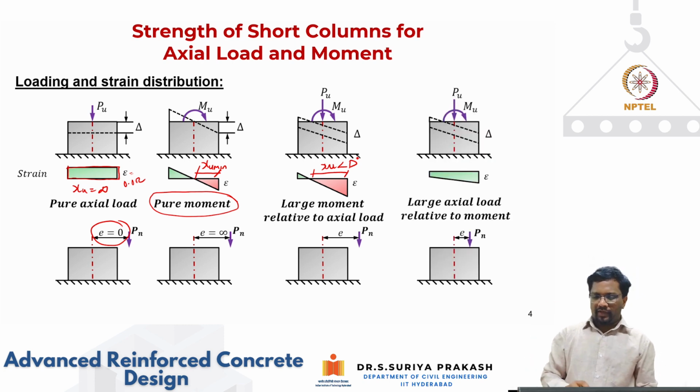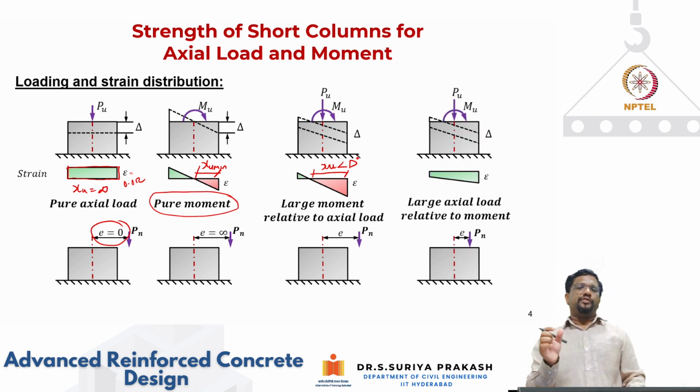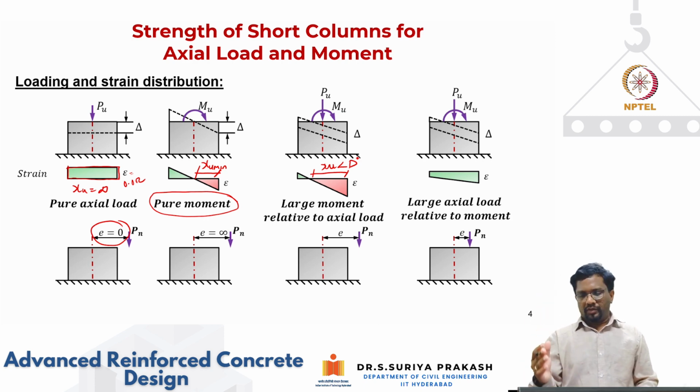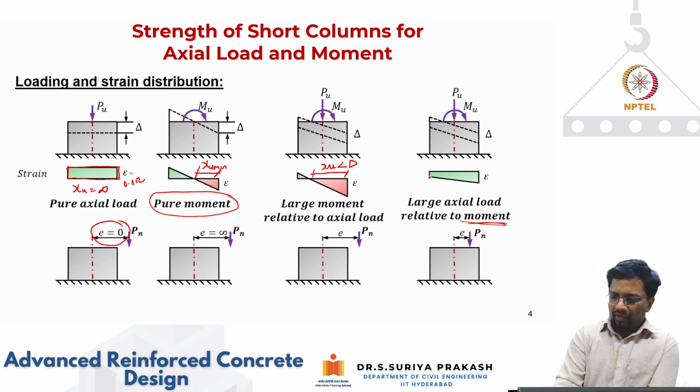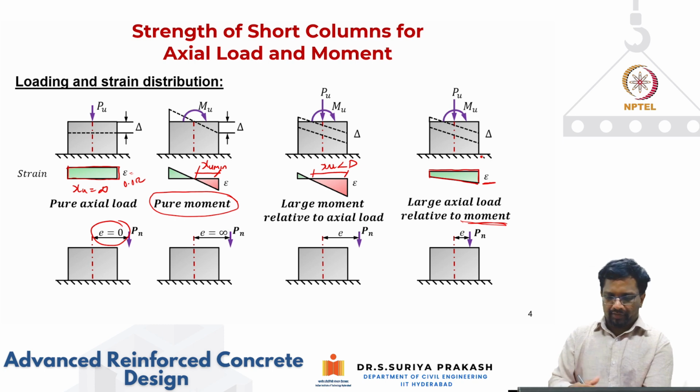You can also have another situation where the eccentricity is very low, and the column will be subjected to a large axial load, but the bending moment will be small because the eccentricity is small, right? In this case, the entire cross section will be under compression. However, the compression on one side will be larger than the other, but the entire section will be in compression.